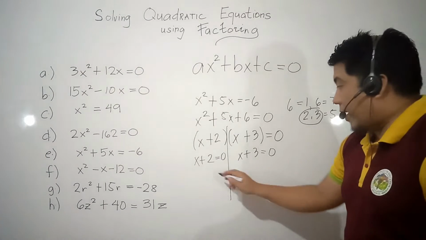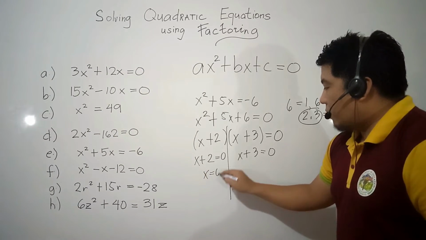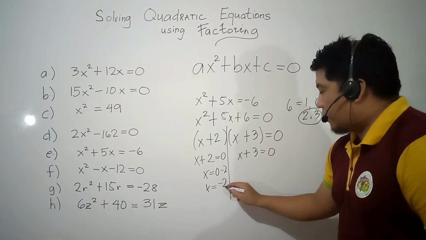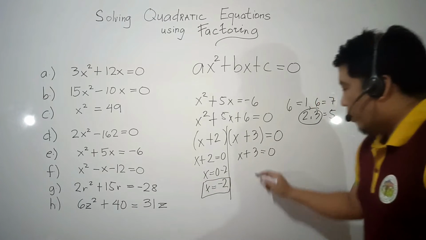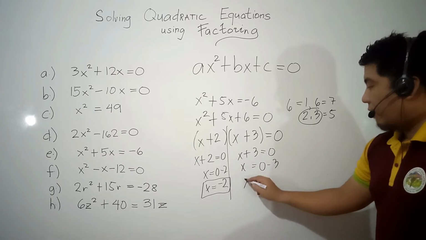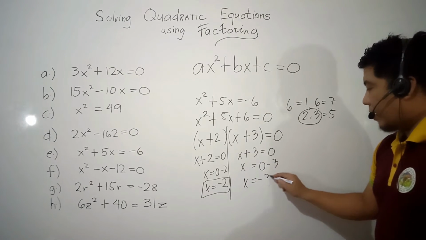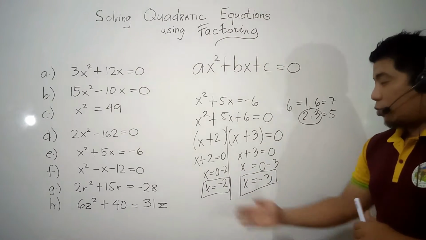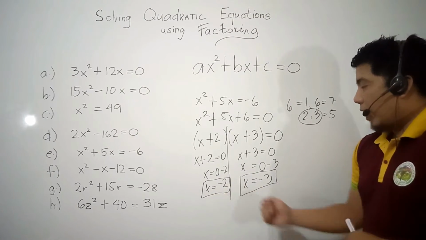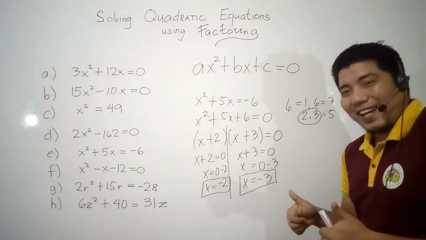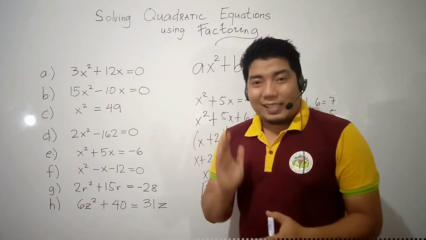Solving for the values of x by transposing, we have 0 minus 2, giving us a final result of negative 2. Okay. We also have here x is equal to 0 minus 3, giving us the final result of negative 3. And that is the final answer. So for the values of x, we have x is equal to negative 2 and x is equal to negative 3. Easy, right?